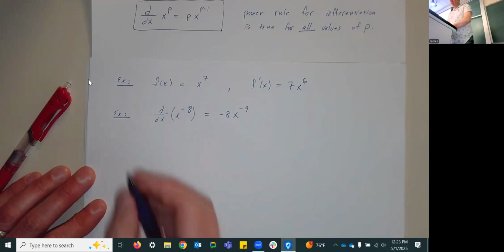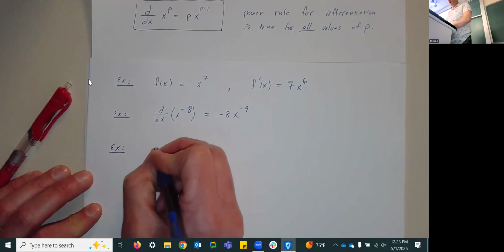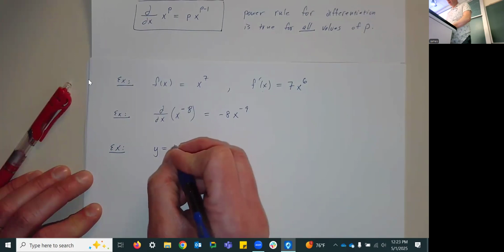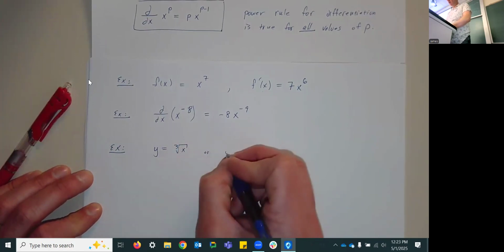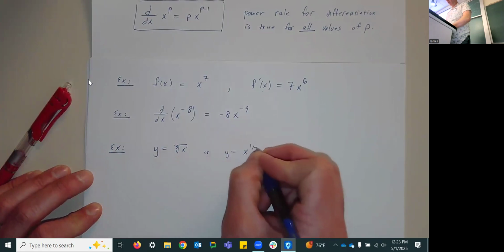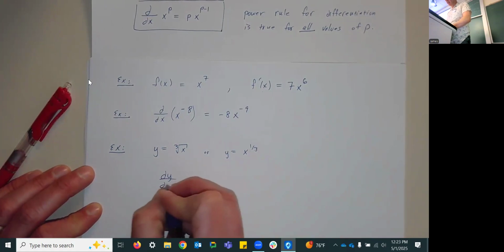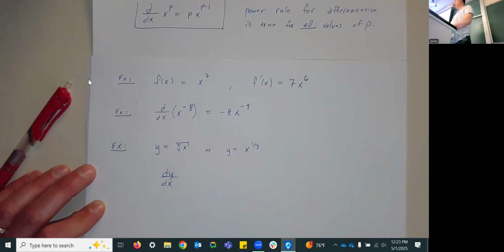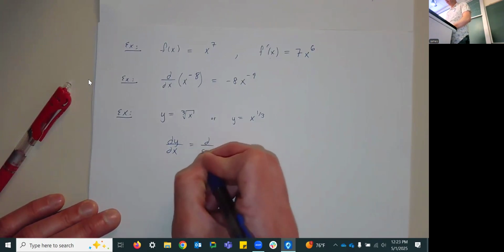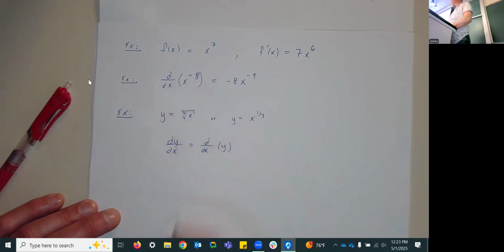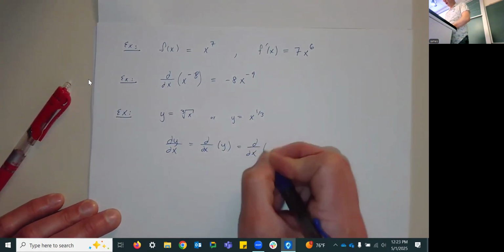Another way we could write this would be to say our function y is equal to the cube root of x, or if you prefer, y is equal to x to the 1/3, and then you could say dy/dx. But really, that's just shorthand notation for this. This is really the derivative of y, which is the derivative of what y is equal to.